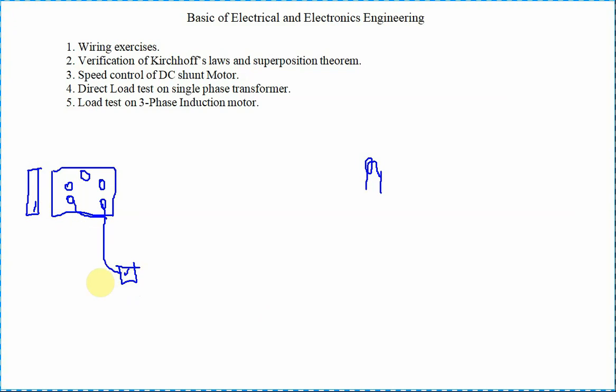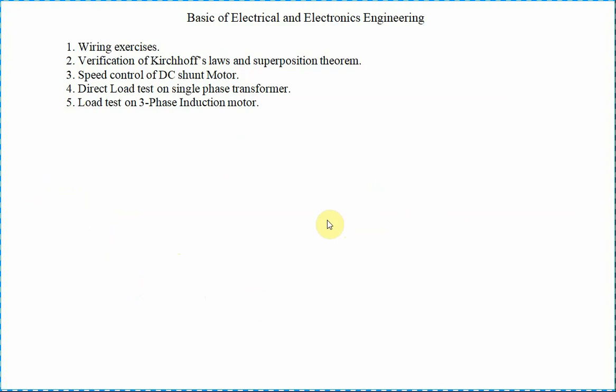Okay, so I am going to tell you more about the one lamp method. I will take one lamp. Here is a phase line, here is a neutral line. Connect this phase line and neutral line to the lamp.